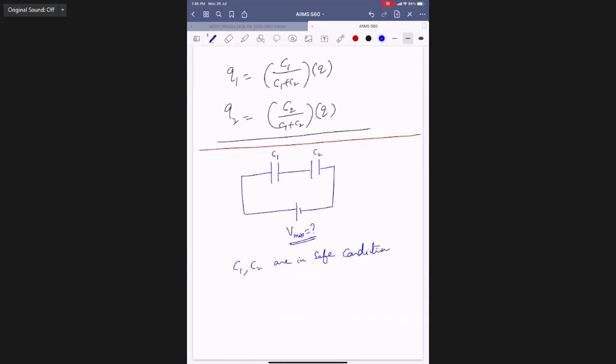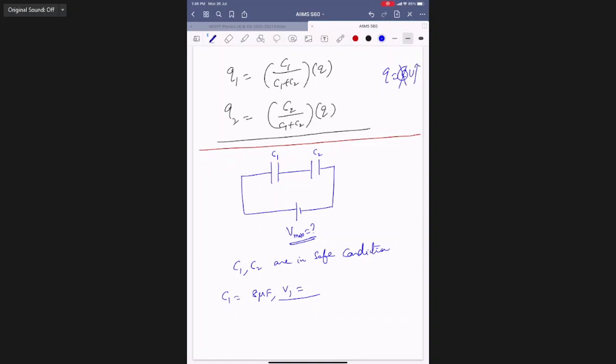They will give the values. C1 is, let us say, 8 microfarad. Maximum voltage V1 is called rated voltage. Every capacitor cannot hold beyond a certain potential difference, or it will burn off. Why? Q equal to CV; the capacitor's physical dimensions are constant.